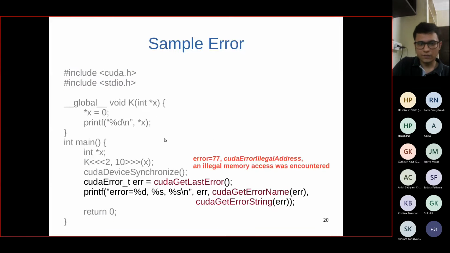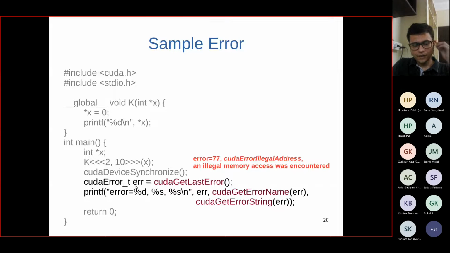So in order to know that, we have this function cudaGetLastError. It will tell you the last error that was reported by this CUDA kernel, and it will be stored inside this variable err, which is of type cudaError_t, the CUDA error type.